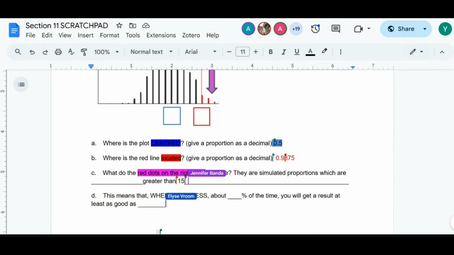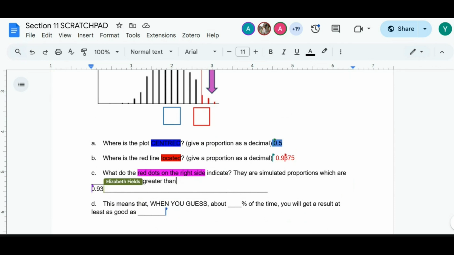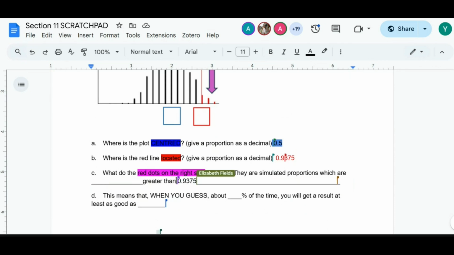Now, we are in proportion mode. Can you just put a stroke, a slash, something? These are proportions that are greater than, let's use the decimal, 0.9375. That's what a graph is. This is a number, and these are things bigger than that number.